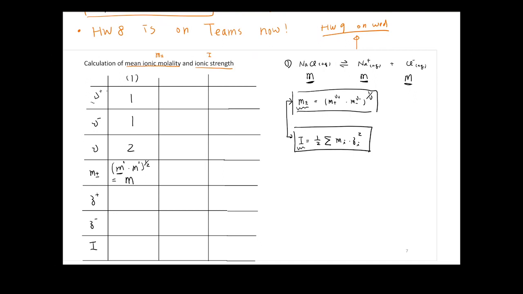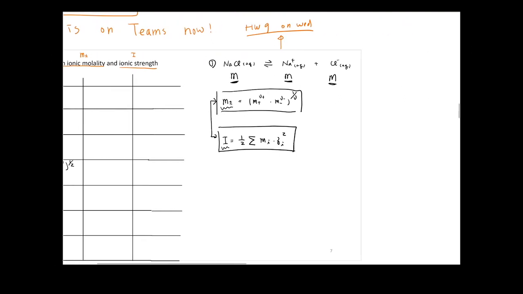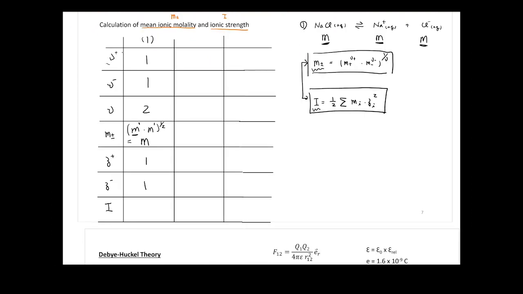Let's look at your z+ and z−. Your z+ is equal to 1 because it's Na+, and your z− is Cl−, so it also equals 1. Then to calculate your ionic strength, you do 1/2 times your m+ times your z+ squared plus your m− times your z− squared.